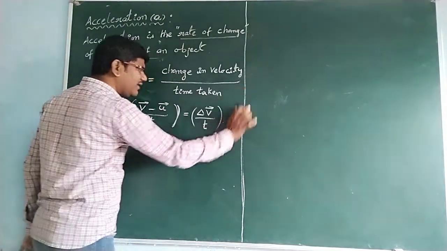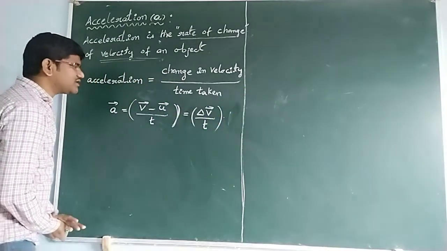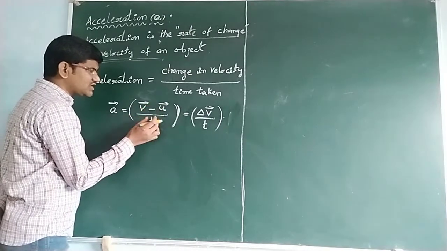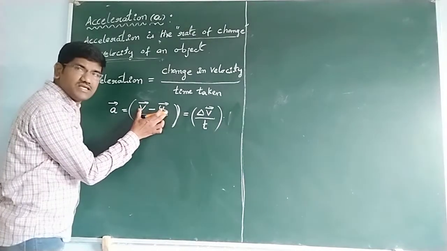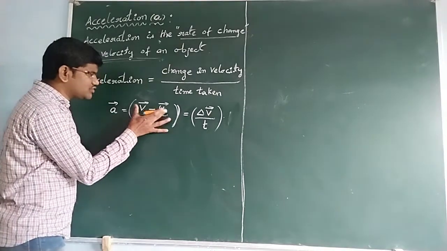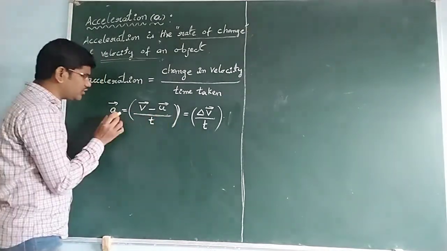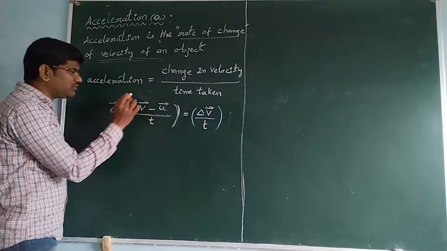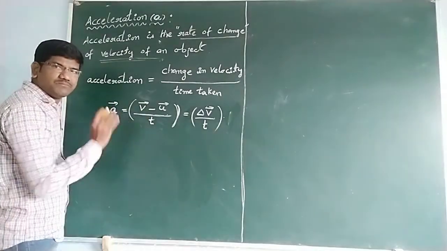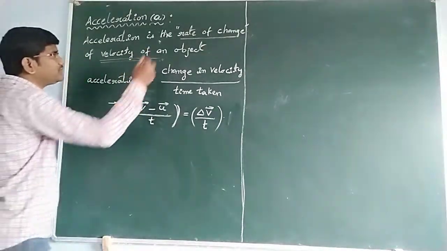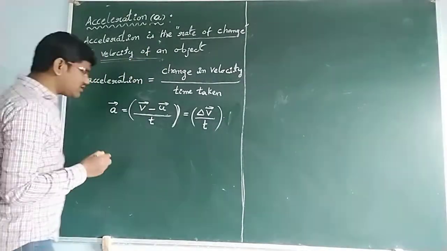Delta v means final velocity minus initial velocity, and this is the change in velocity that has occurred in the time interval t. So a bar is equal to v bar minus u bar by t. This is the definition of acceleration and the formula we have seen.